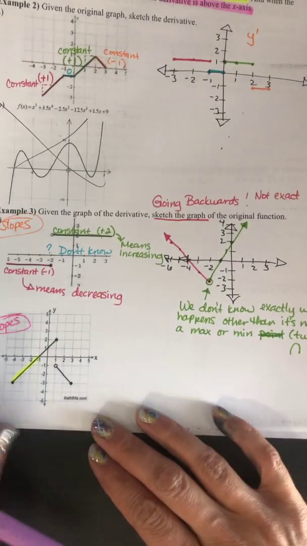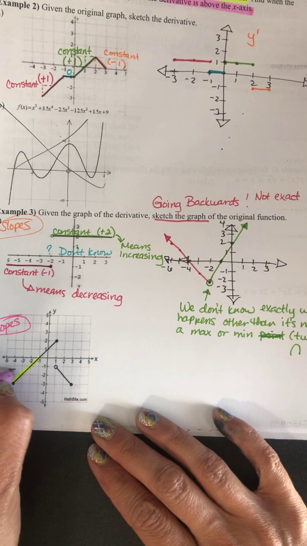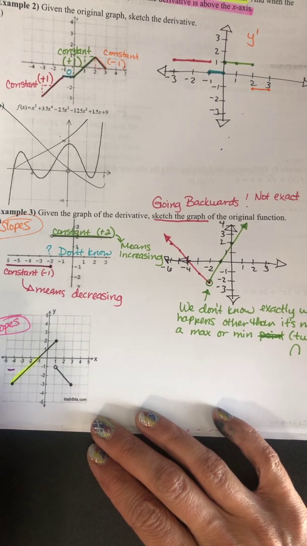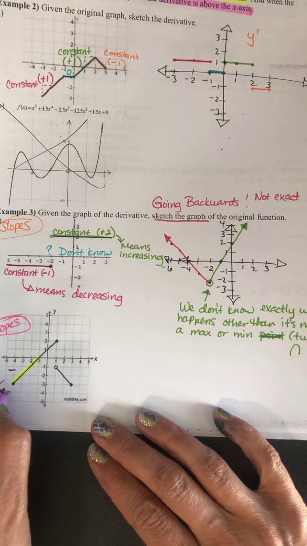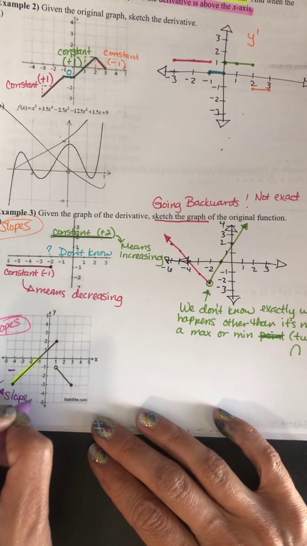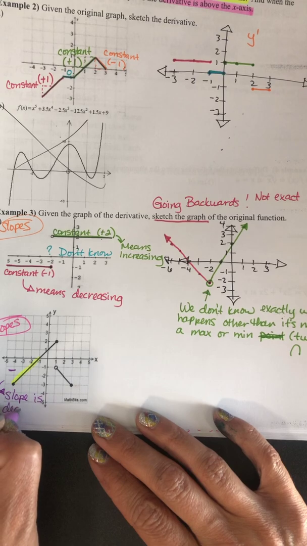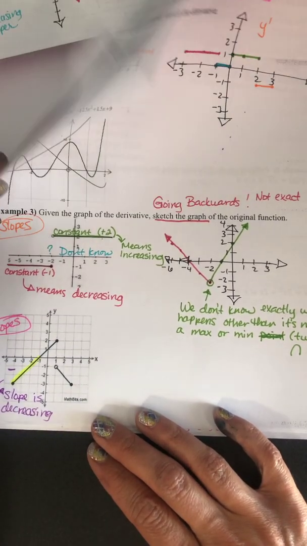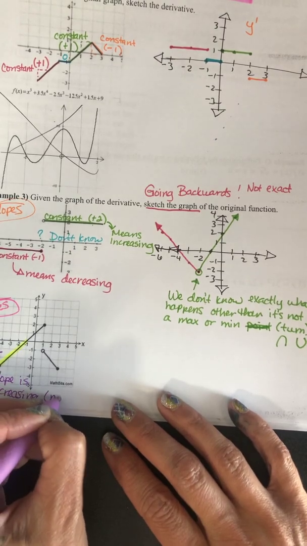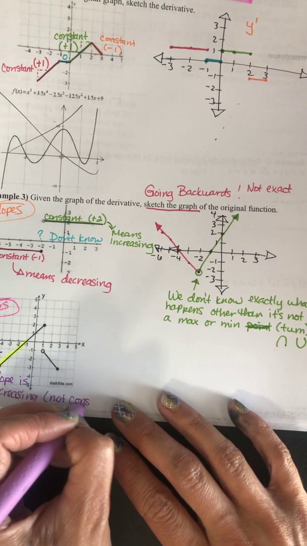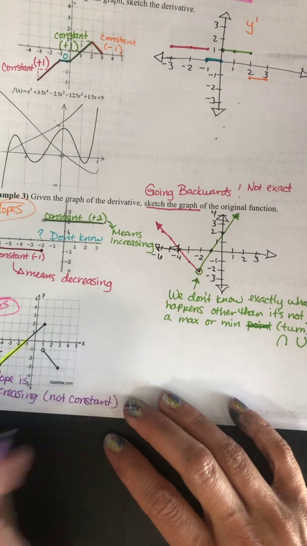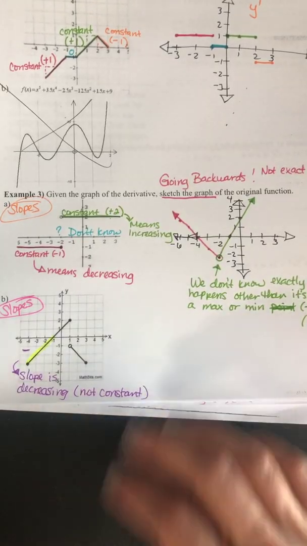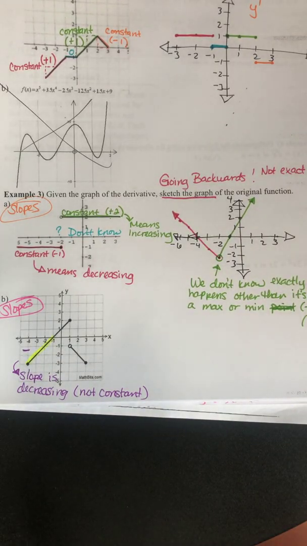Okay, so this is telling me that these are all negatives. Okay, it's where it's decreasing. It also means the slope is decreasing. And since it's not the same number each time, let's put in parentheses, it's not constant. We don't have a constant slope going on here because there's no flat line going on for the derivative. Okay.